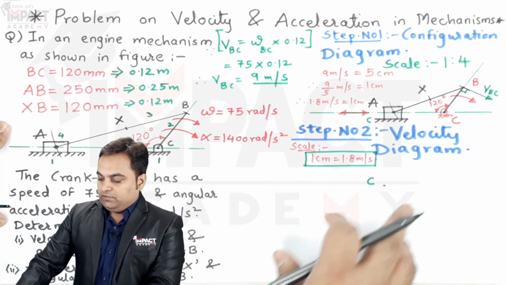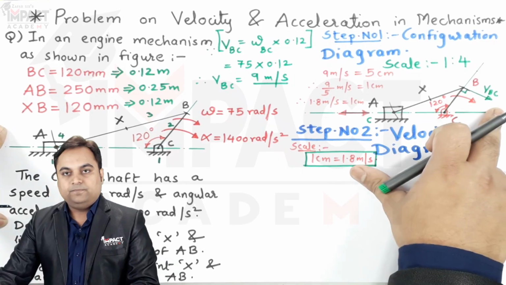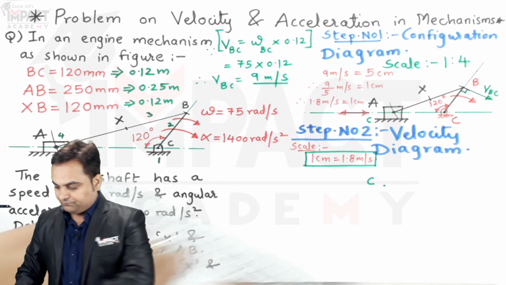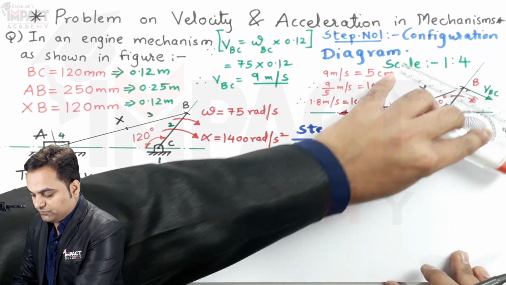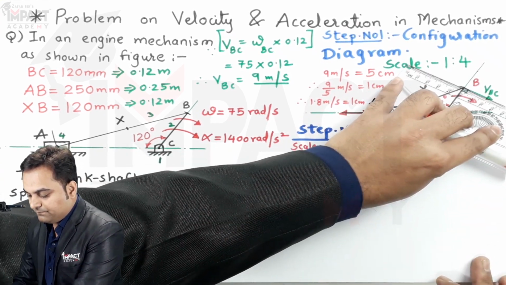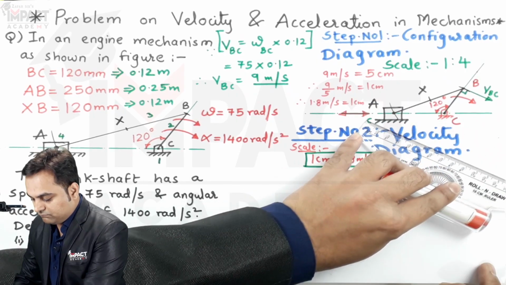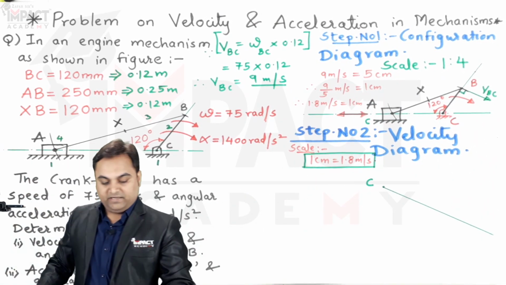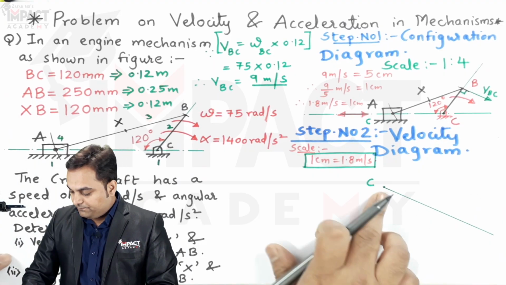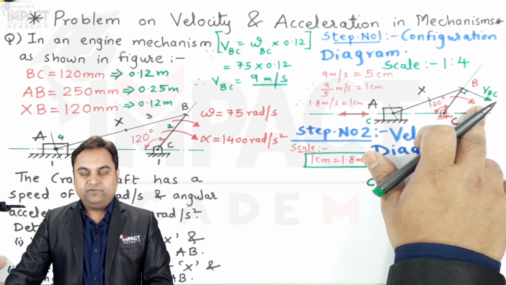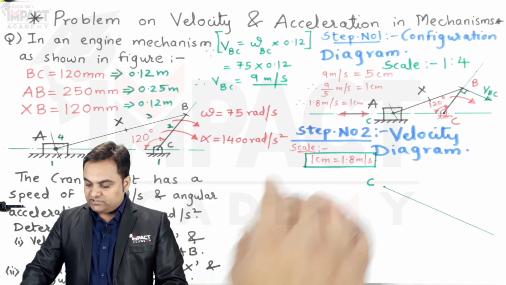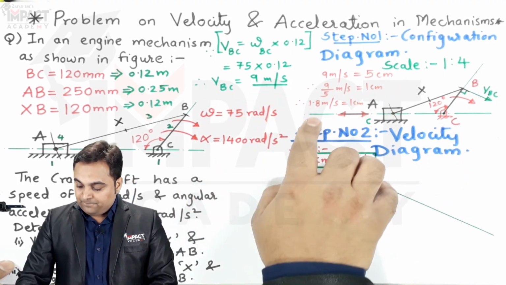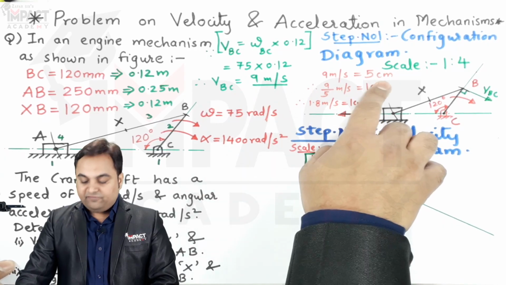Now the direction of this vector is known to us. So I'll just plot a line which is parallel to this vector, a light line. Here it indicates the direction of the vector, and its value is, since we have taken VBC which is 9 meter per second, it comes out to be 5 centimeters.